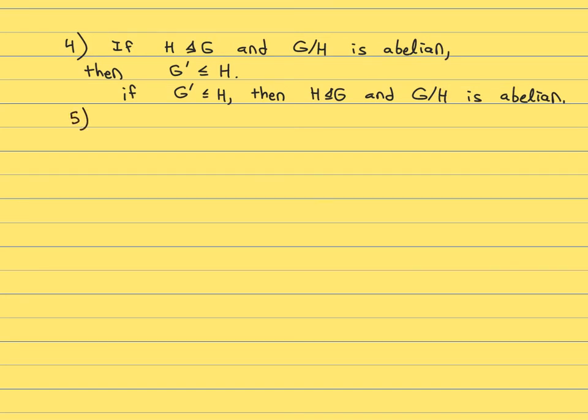And there's another way to state this in terms of homomorphisms. If you have a homomorphism from G to any abelian group, A, then G prime actually must be a subgroup of the kernel.